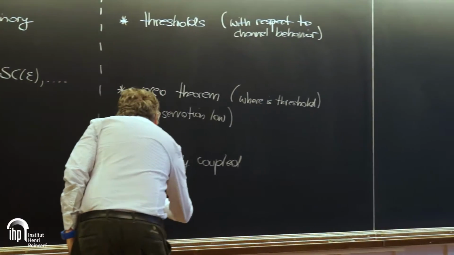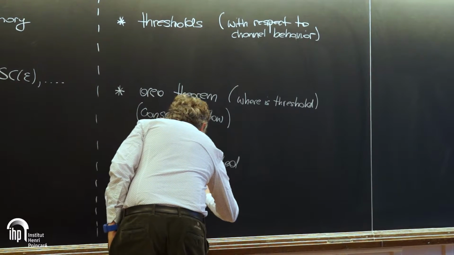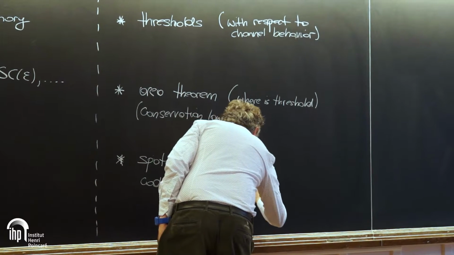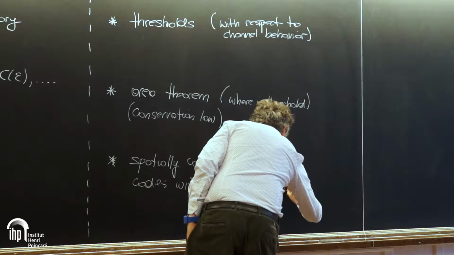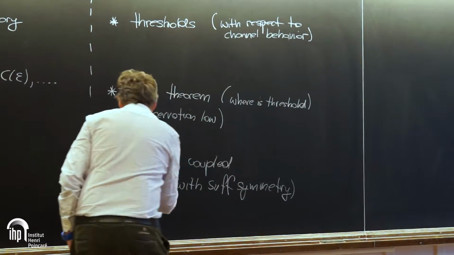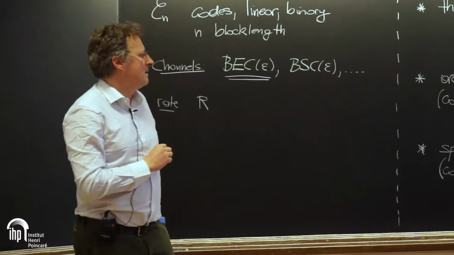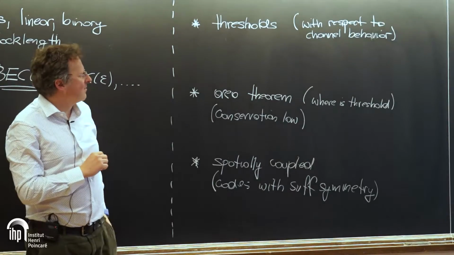But what I'll talk about is codes with sufficient symmetry. In particular, we'll think about Reed-Muller codes, but there are many other codes, and we'll talk about when, or why, such codes achieve capacity based on these kinds of considerations.